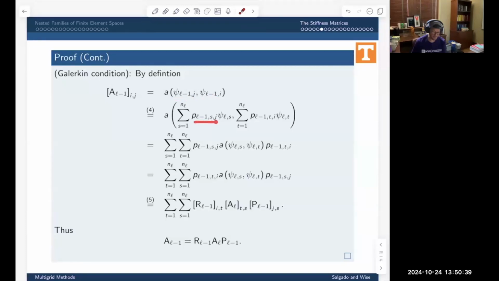And of course, the coefficients in those basis representations just involve the elements of the prolongation matrix. That's how we define the elements of the prolongation matrix, in fact. All right, so now we can use the linearity here and in the second component, pull those sums out, pull the coefficients out, and then all that we'll be left with is A acting on these two basis elements. But notice now the basis elements are not at level L minus 1 as they were before. They're now at level L because we've rewritten our basis representations of these functions in the finer level basis BL.